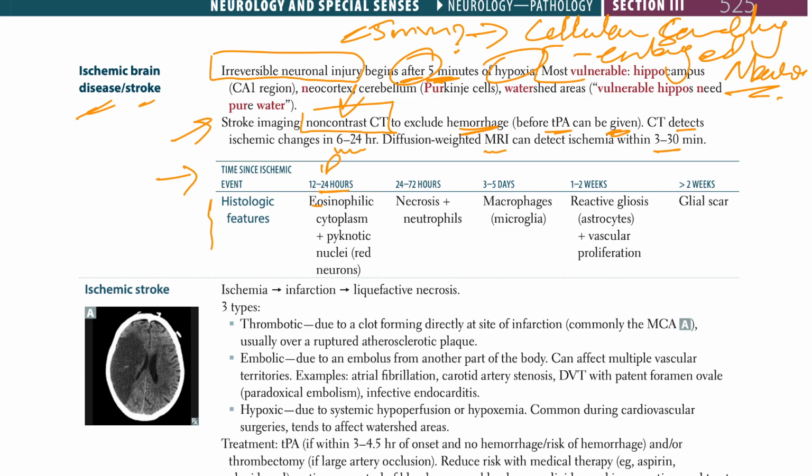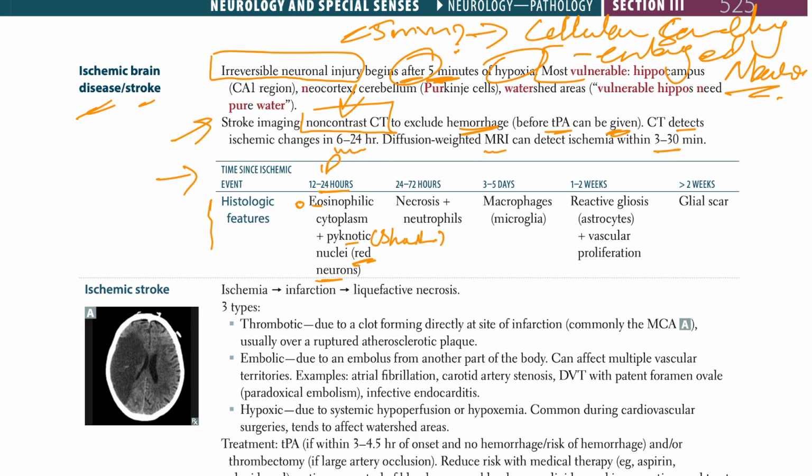12 to 24 hours. What we'll see is eosinophilic cytoplasm plus pyknotic, pyknotic just means shrunken, okay? Shrunken nuclei, which are known as red neurons. Now, important vocabulary here. Red neuron. When you have shrunken nuclei, you call it a red neuron.